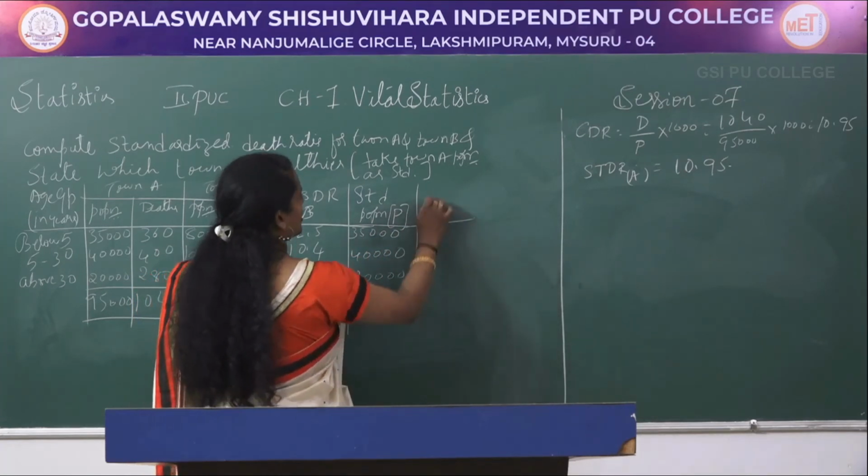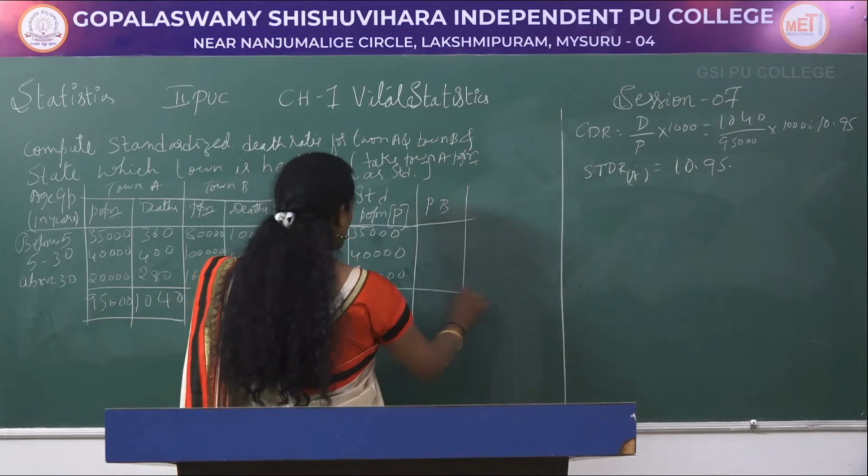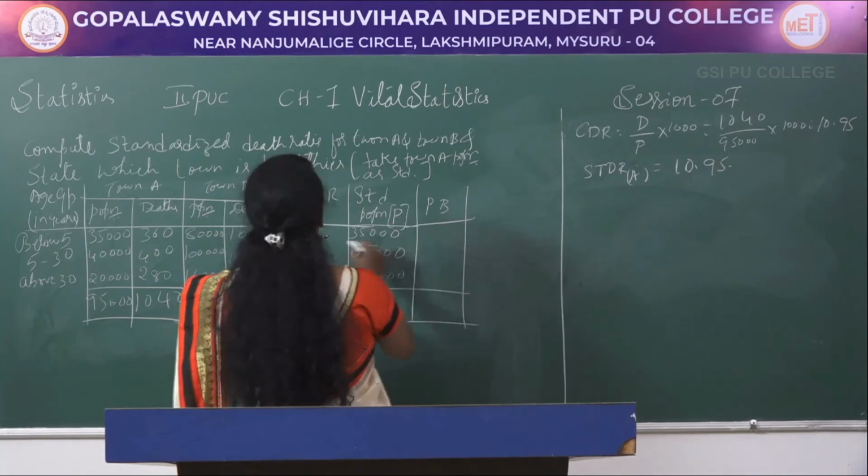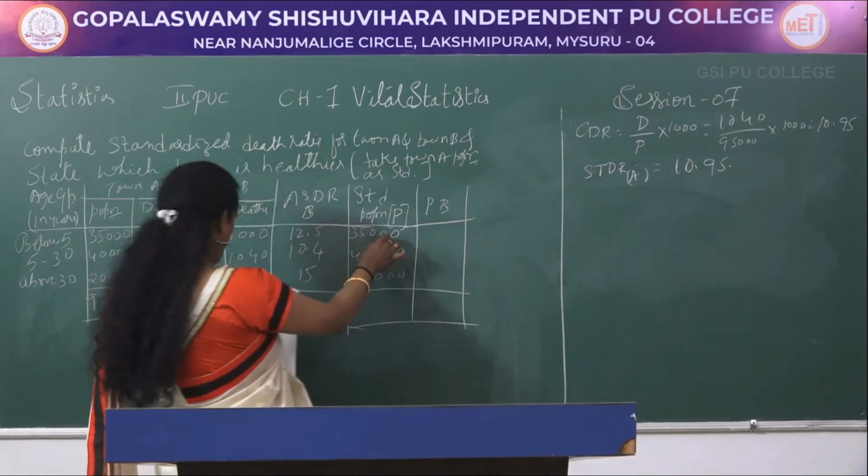Now I will take the product of P into B. P into B means ASDR of town B into standard population.